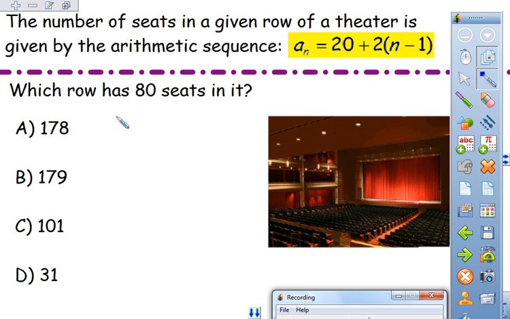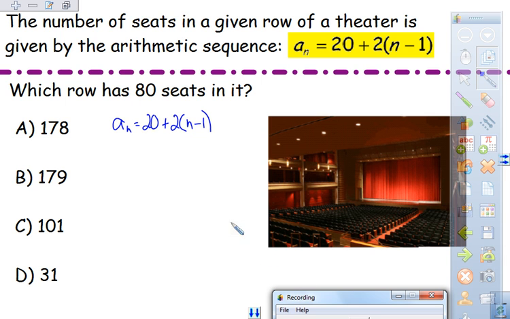So here's what it's going to look like. This is our original formula. So we're going to plug in 80 for the a sub n. We're trying to figure out what n is. And now we're solving an equation.